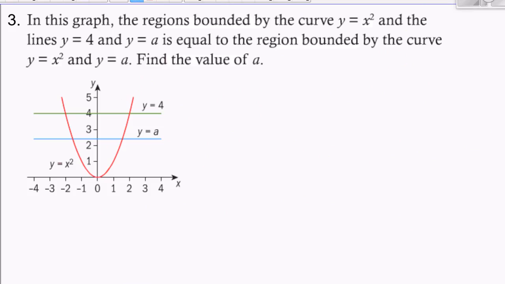Number 3. In this graph, the region bounded by the curve y is equal to x squared and the lines y is equal to 4 and y is equal to 1 is equal to the region bounded by the curve and the line y is equal to a.